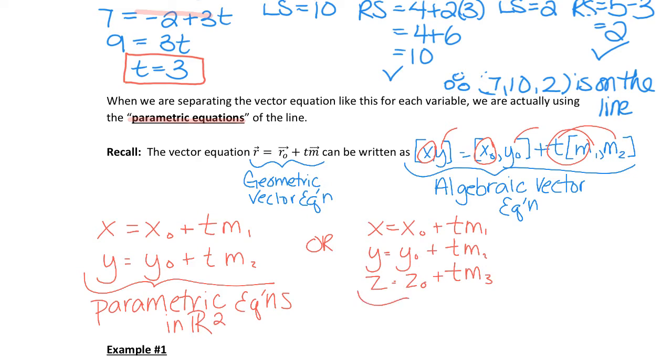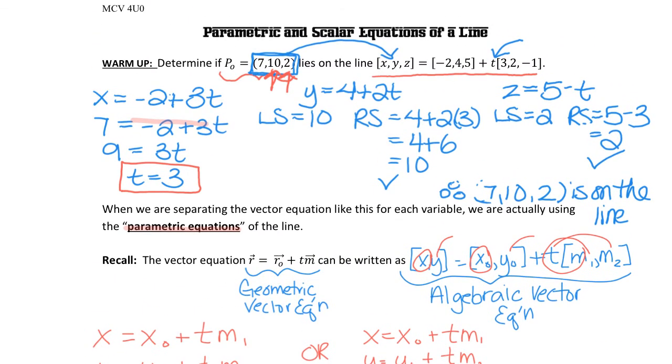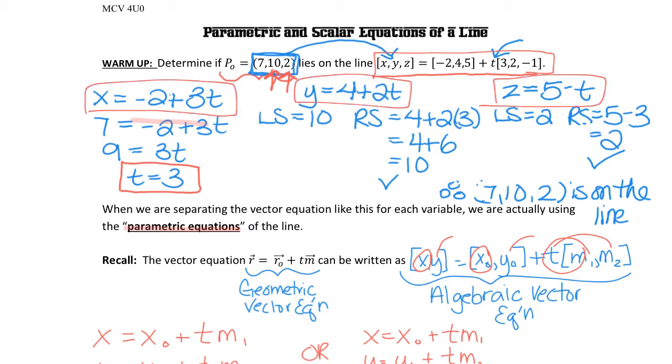And these are our parametric equations in R3. Basically all we're doing is using what we did in our warm-up, splitting this equation into its pieces for x, y, and z.